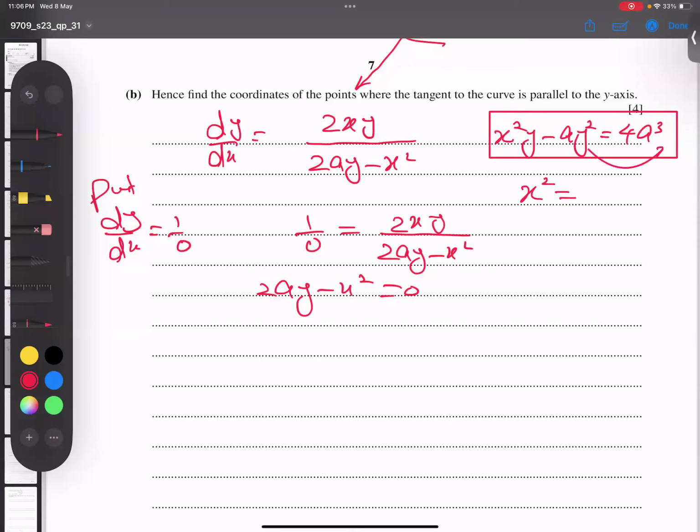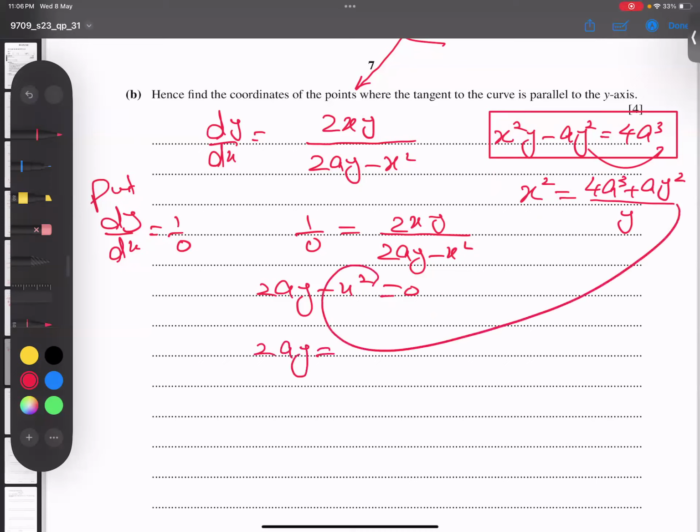And then 4a cube plus a y square divided by y. I made x square the subject from our master equation. And this value I plug in there. So first of all, I bring this x square to the other side, and then I replace its value.